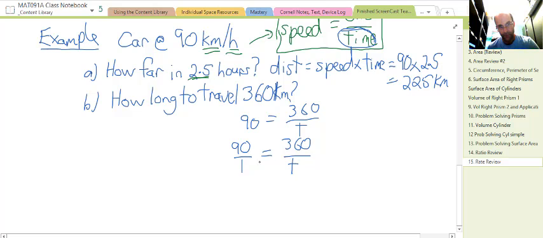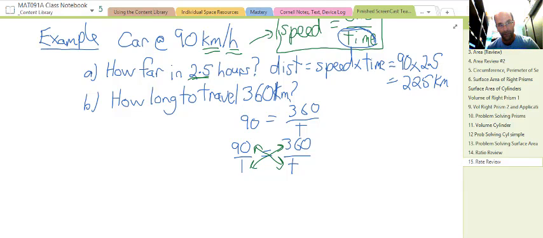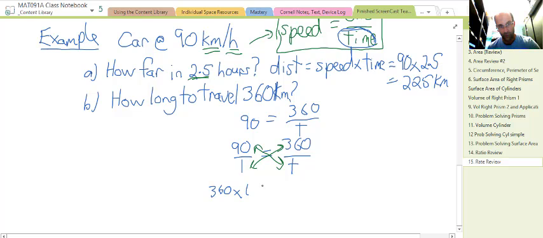So a couple of ways of doing this. One of the ways is to use cross multiplication, and the other way is to invert both of the fractions. I'm going to show the cross multiplication way in this video. If we diagonally multiply to get rid of the fractions, that would give us on the left side 360 times 1, and on the right hand side 90 times t.